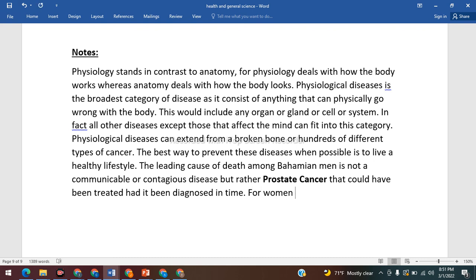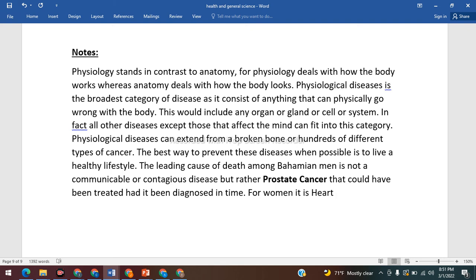For women, guess what it is? The leading cause for women. Heart what?